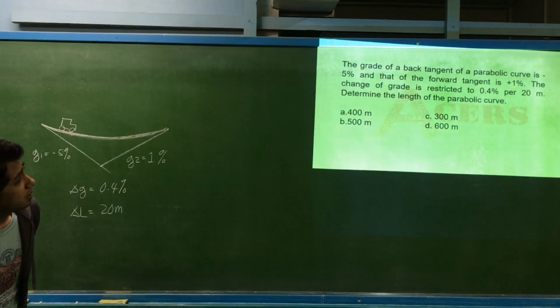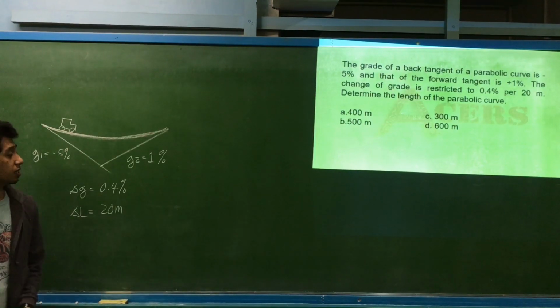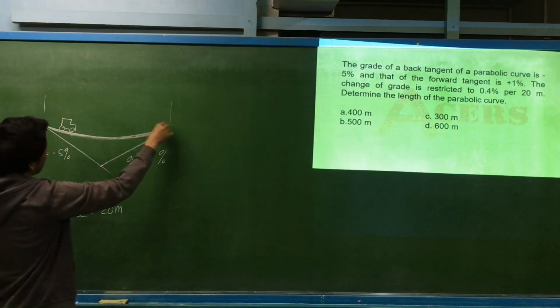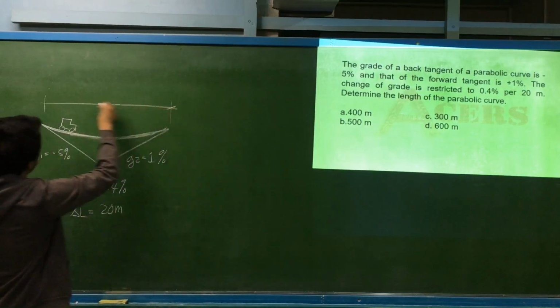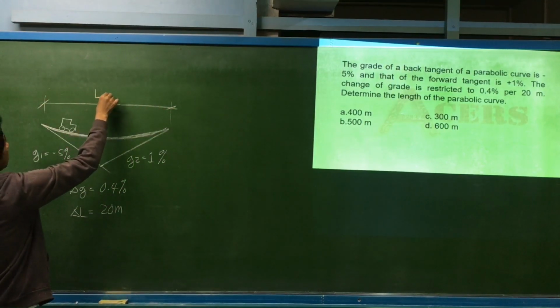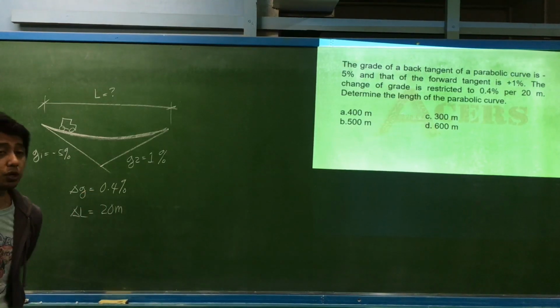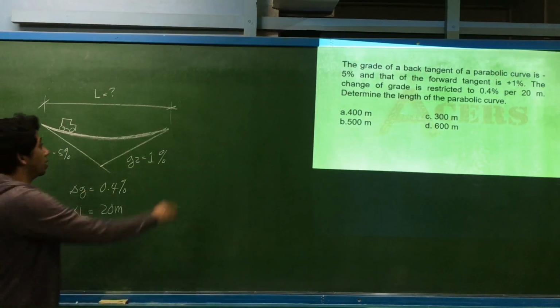So the change of grade is restricted to 0.4% per 20 meters. So if we are to divide the total length of this parabolic curve every 20 meters is yung grade allowed, change of grade is allowed to 0.4%. So determine the length of the parabolic curve.